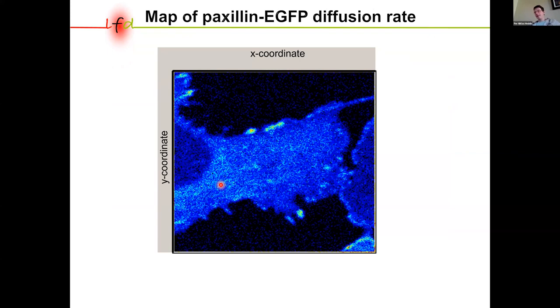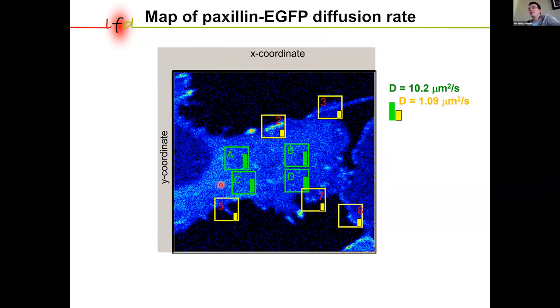Okay, so in the acquisition, a number of frames, so 100 frames or so, were required. And then you can calculate the diffusion coefficient in regions of interest, so in subregions, for example, 32 by 32 pixels. If you do that in the cell cytoplasm, you get that this paxillin-EGFP fusion is diffusing in this case at about 10 micrometers squared per second, which is quite fast.